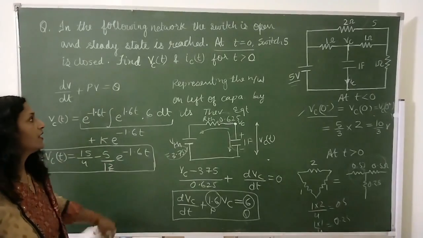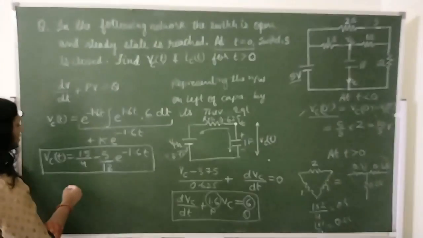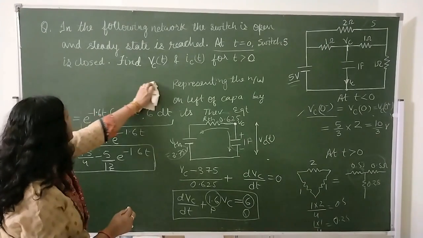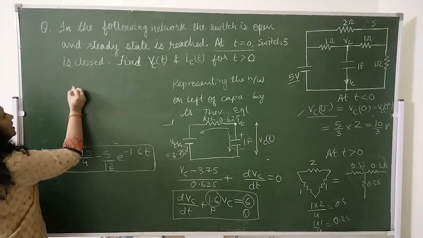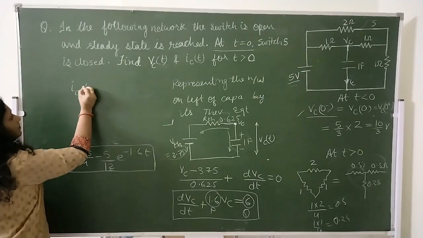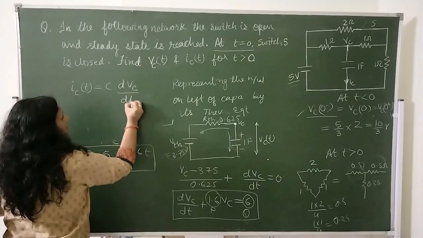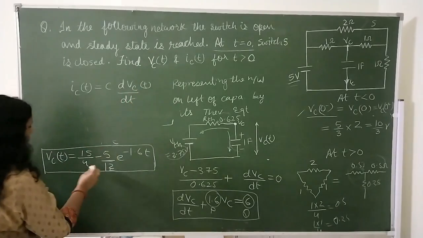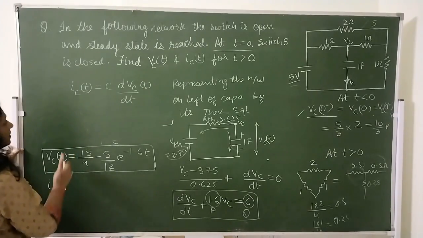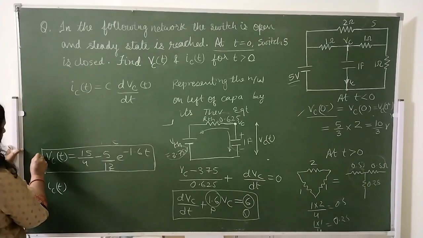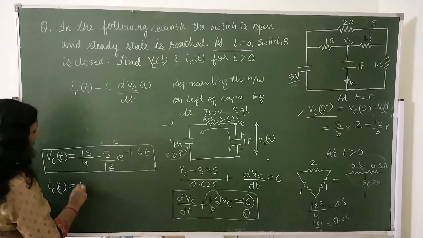Okay, now we have to find the expression for ICT. We know the relation between ICT and V is ICT equals C dV by dt. So we can find ICT by multiplying this VCT with C and differentiating. C is nothing but 1.